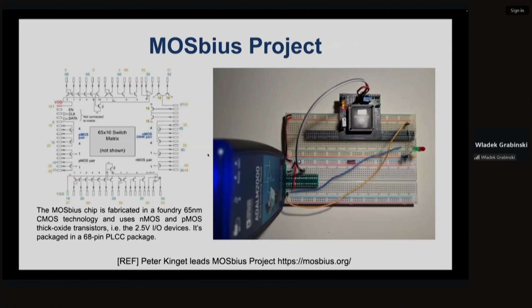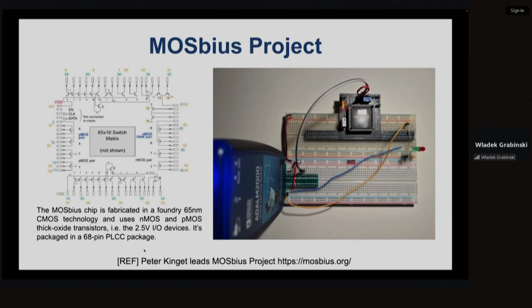There are more advanced chips for transistor measurements and characterization. The Mobius project offers a huge matrix of 65 by 10 transistors, which you can configure not only as a single transistor, but as basic analog blocks for measurements and characterization.